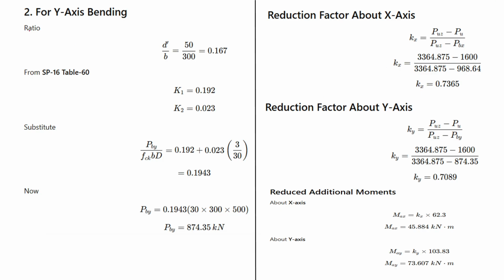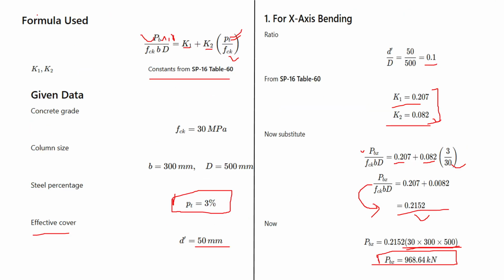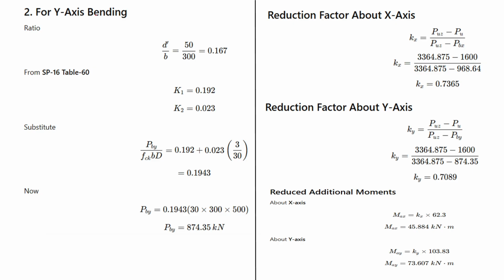Again for the y axis, whatever calculation we have done for the x axis, the reduction factor from the bending moment about the x axis, the D dash by D ratio we have already discussed. Now about the y axis, again you have to find the D dash by D ratio, 50 by 300, 0.16, corresponding to SP-16 table number 60.